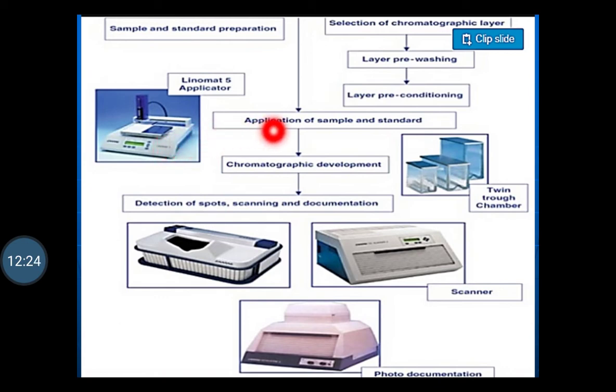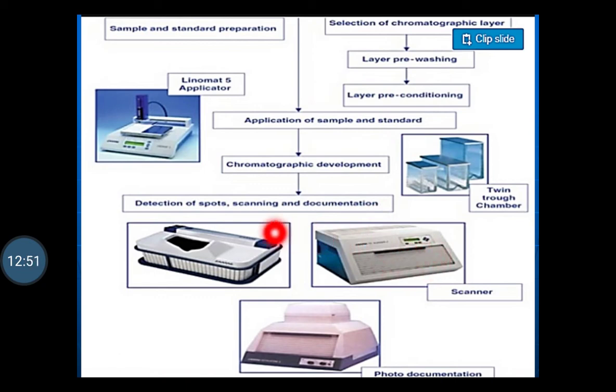Then these are the twin trough development chambers. After the application of the sample, it is subjected to development in the twin trough development chamber. Then after the development of the high performance TLC plate, detection of the spots is done, scanning is done, and at last you have to perform the documentation.